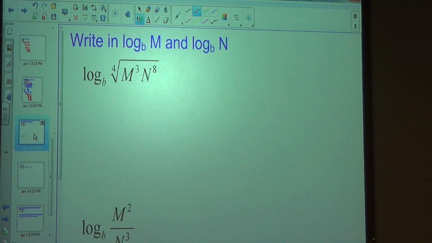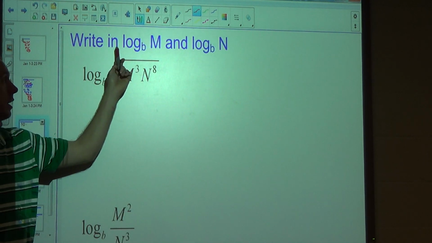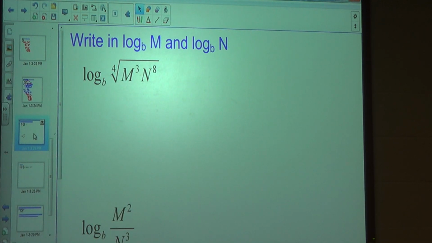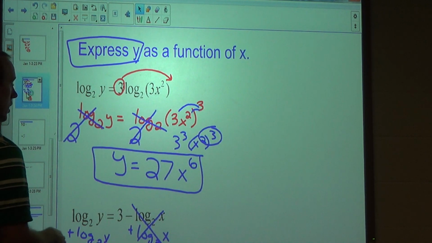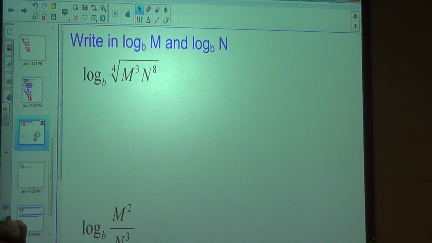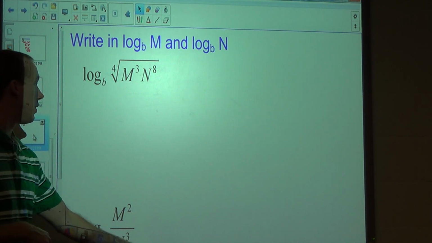Okay, next one, right? In log base b of m and log base b of n. So I'm splitting them up into logs. One of them has an m in it, one has an n. So on that last problem, we took the logs and combined them. But on here now, we're trying to separate them. What can I do first on this first one?